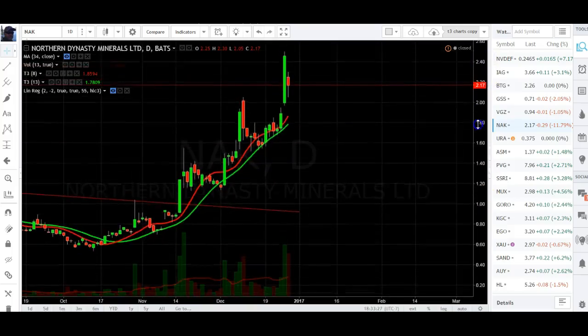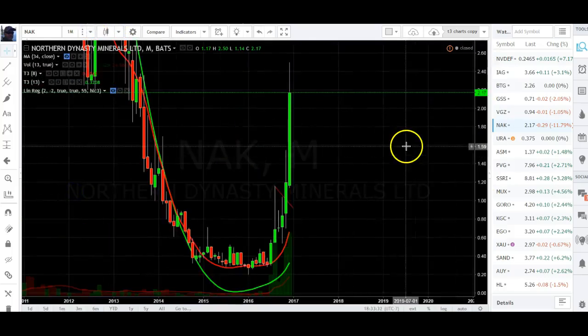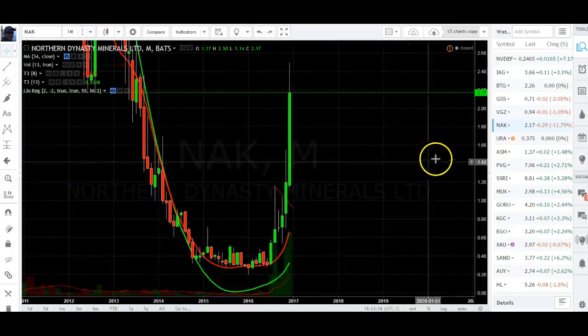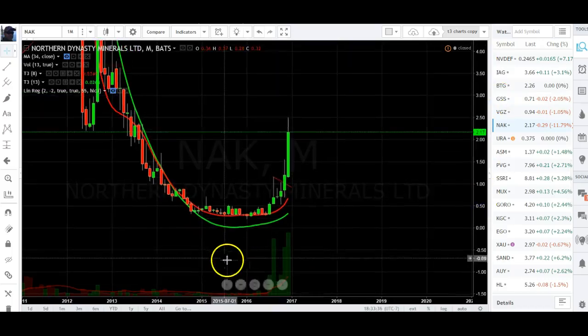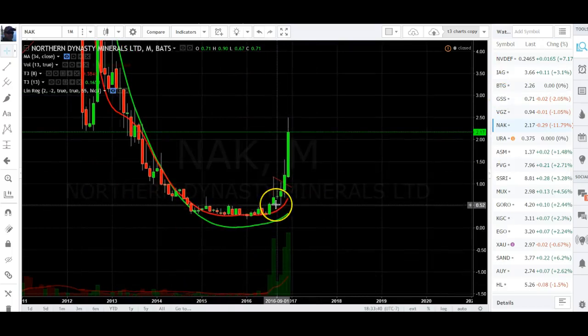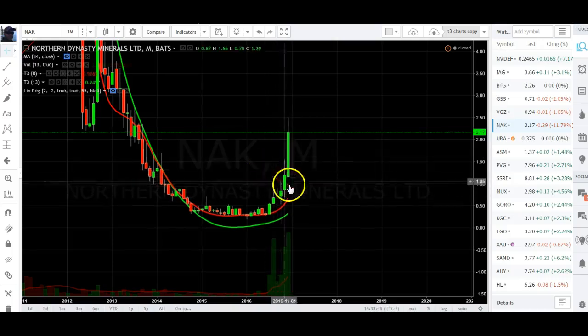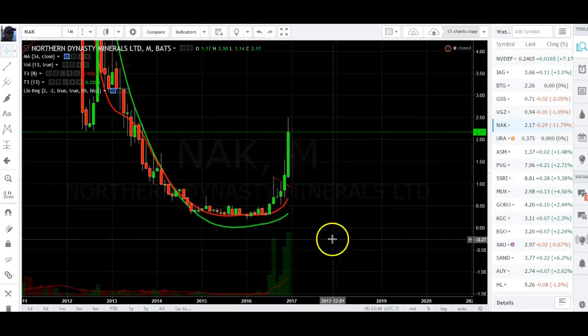Look at that. I really love that monthly chart. And I did a revenge trade on this and got my money back and got out. But I never bought back in when it broke.